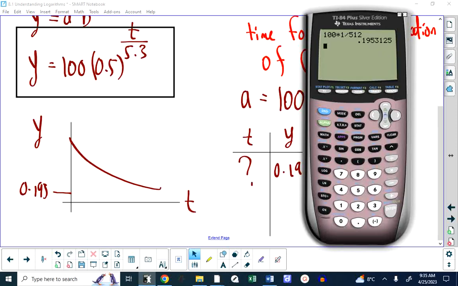So to finish this off, we're going to put in for y1, 100 multiplied by 0.5 raised to, we do need to put the exponent in brackets because it's not just x, it's x over 5.3. And then I'm just going to put here 1 divided by 512 times 100, which is that number, right? The 0.195.